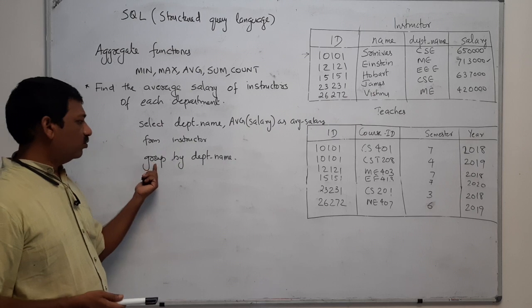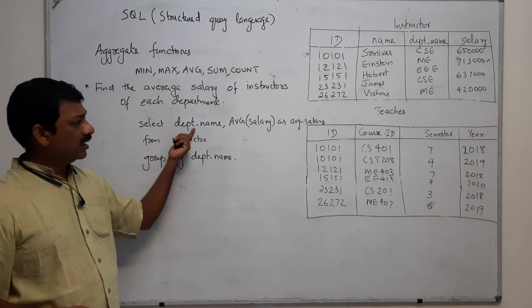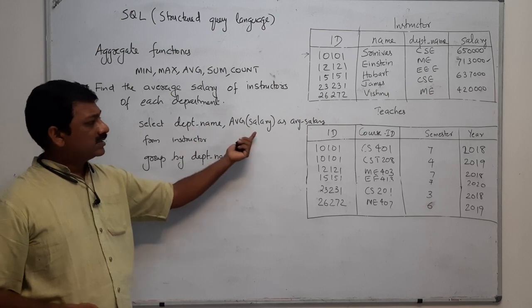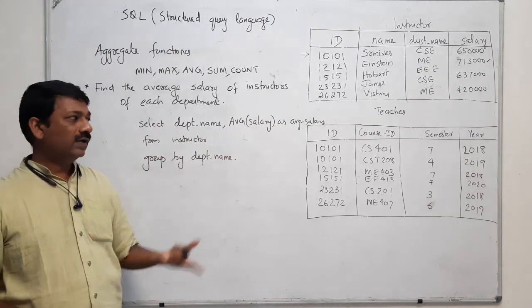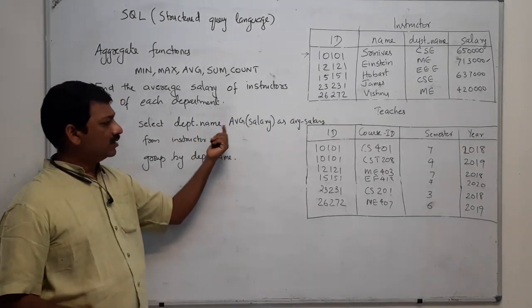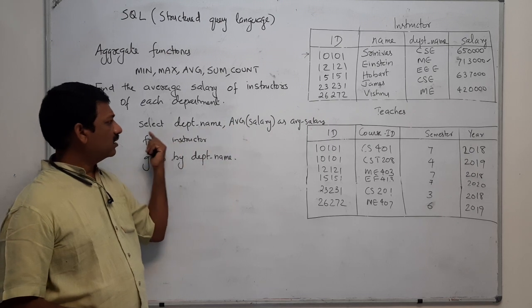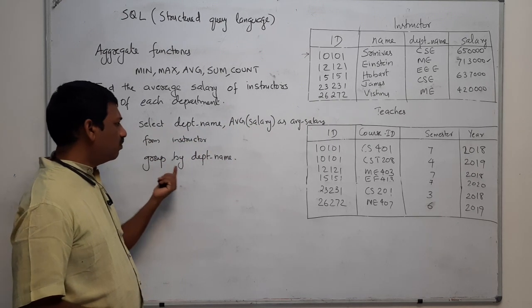So that is done here, group by department name. Without the average function, select department name, salary from instructor, group by department name.